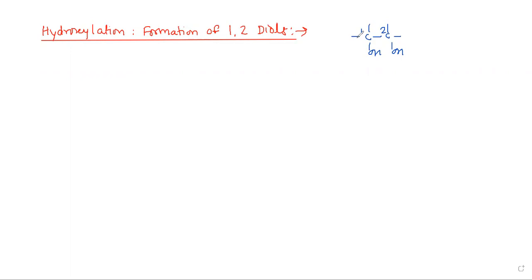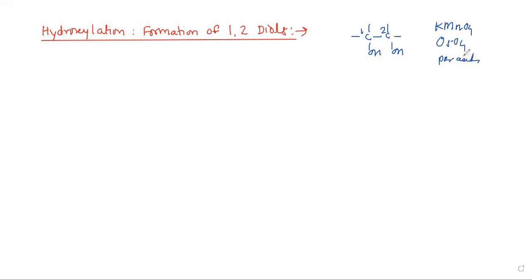For this, various reagents are used for carrying out the hydroxylation, such as potassium permanganate, alkaline KMnO4, then osmium tetroxide, OsO4, or per acids in some cases.